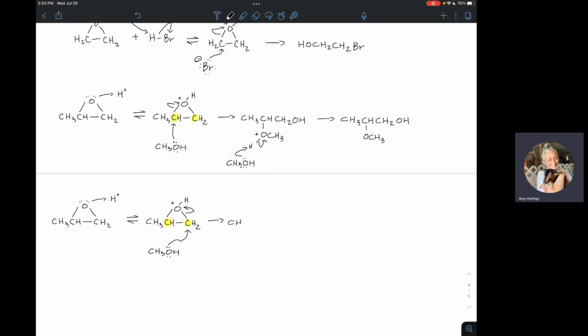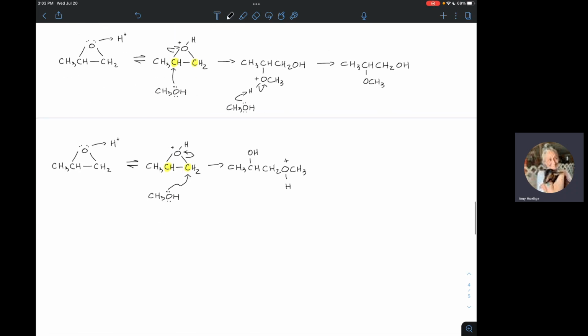What I get is this. And again, we're going to lose a proton here, and I get a different regioisomer.